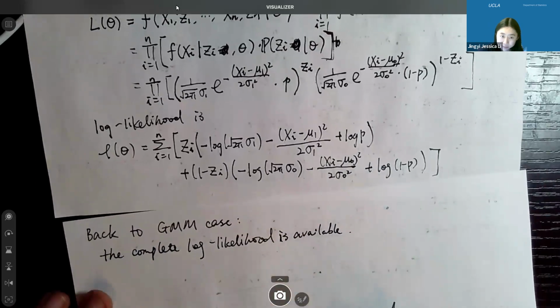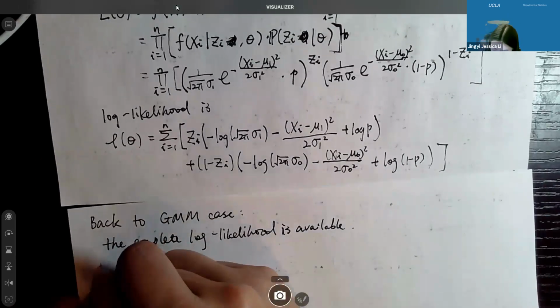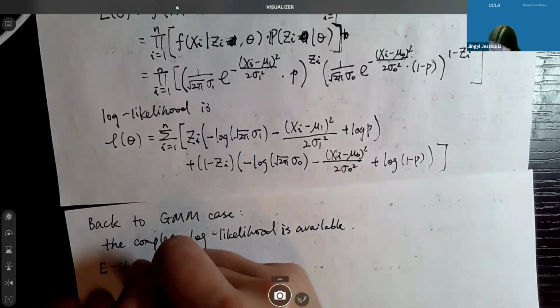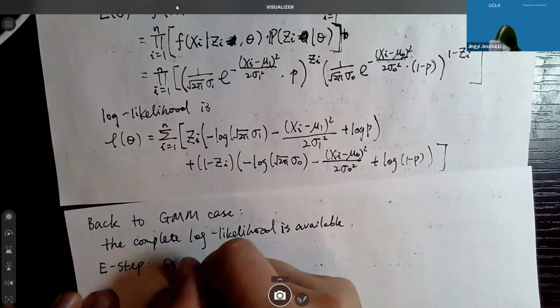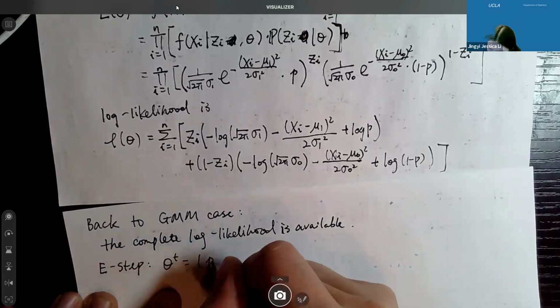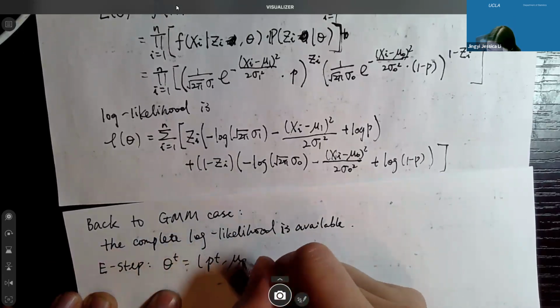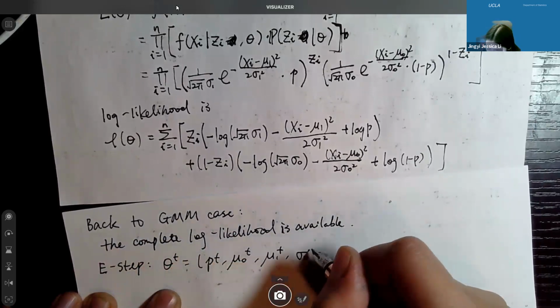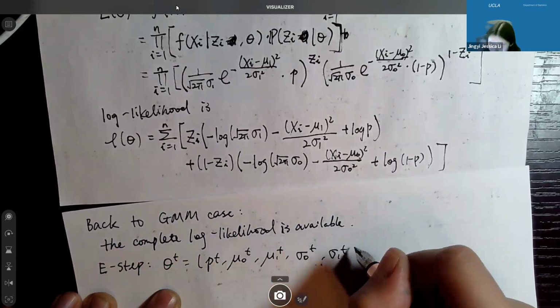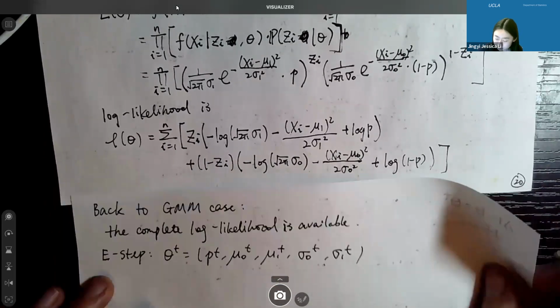Now the E step is that we already have some initial estimates of the 5 parameters. Let me call that p^t, mu_0^t, mu_1^t, sigma_0^t, and sigma_1^t. We have those 5 values already.